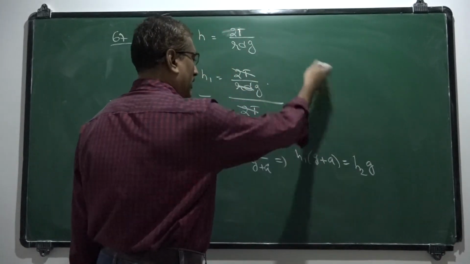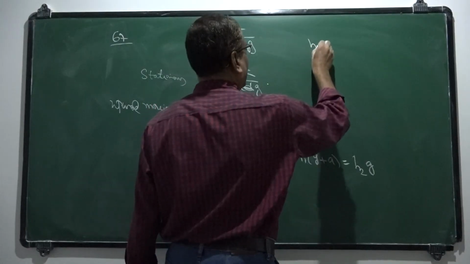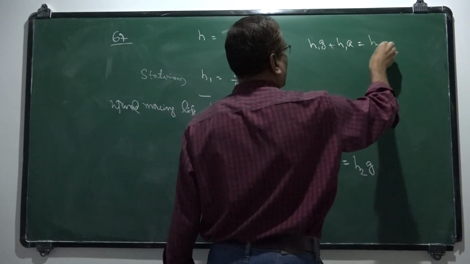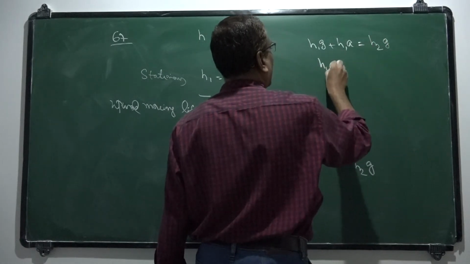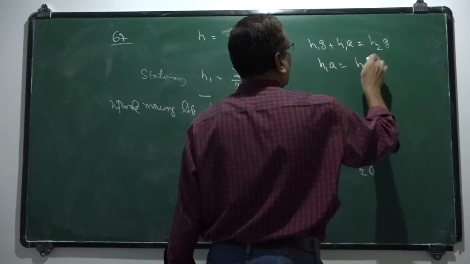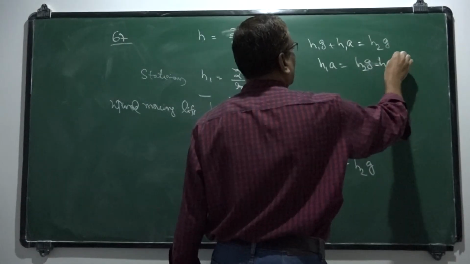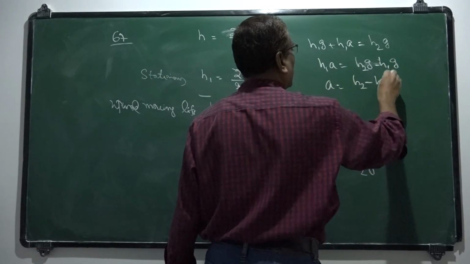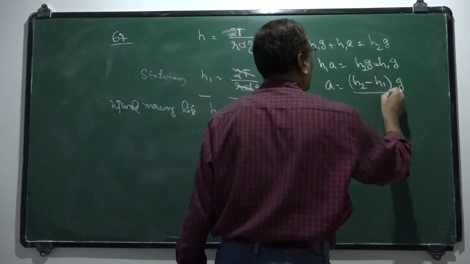Now writing this, h1g plus h1a is equal to h2g. So h1a is equal to h2g minus h1g. So a is equal to (h2 minus h1) into g by h1.